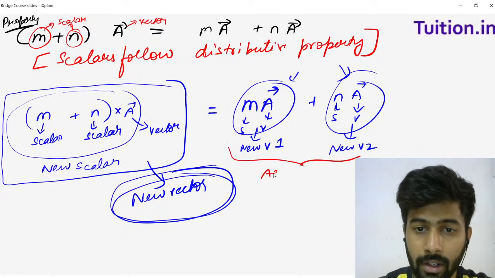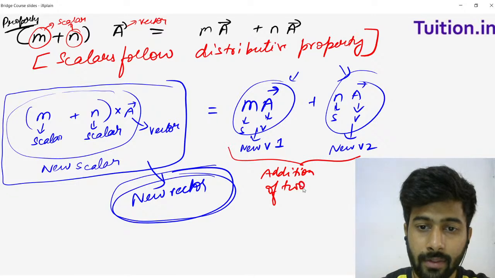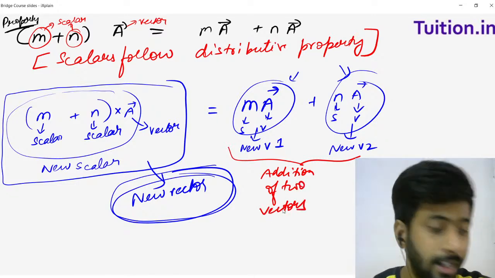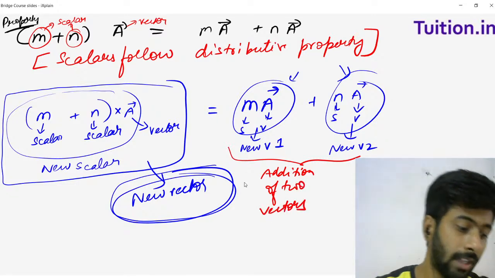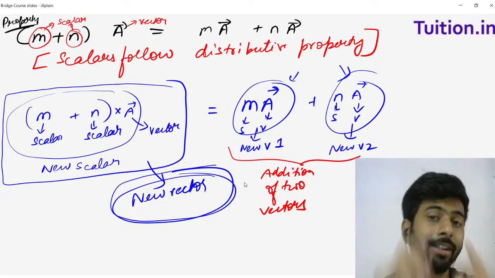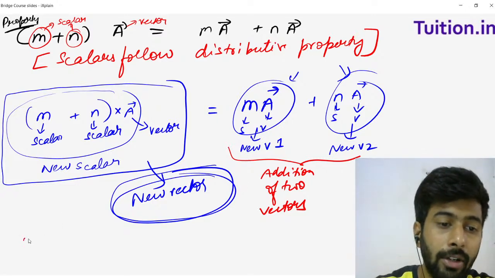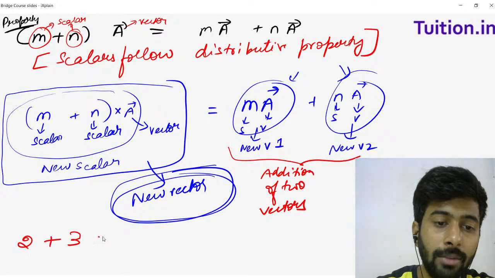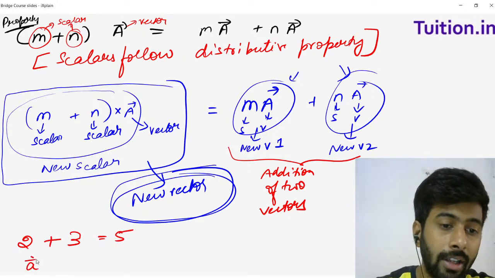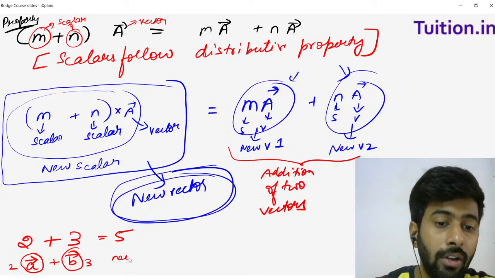I'm talking about addition of two vectors, something that you haven't studied so far. I have never talked about how you add two vectors. If you have a number 2 and you have a number 3, you can add them and you can say 5. But if you have a vector A bar and a vector B bar such that A's magnitude is 2, B's magnitude is 3, that need not be equal to 5.